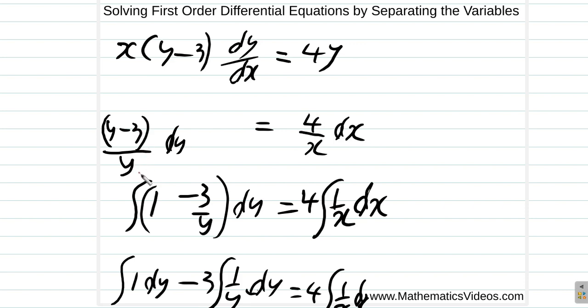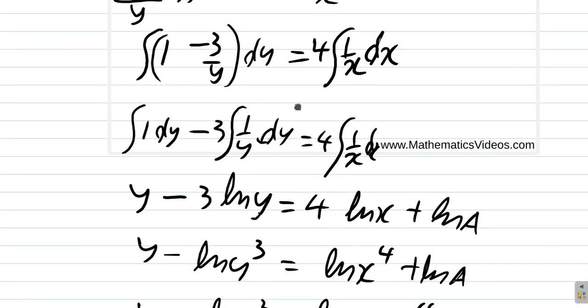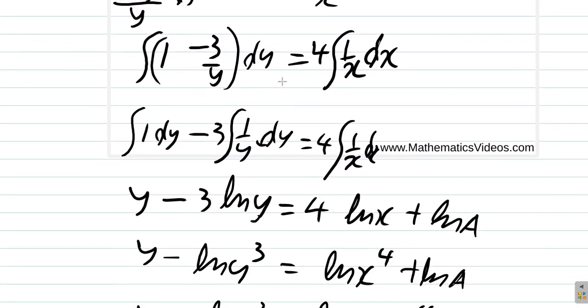So we have y minus 3 over y dy equal 4 over x dx. And then this is fractions, so y over y is 1 minus 3 over y dy equals 4 times 1 over x dx. You didn't necessarily have to put the 4 outside the integral sign, but it's a bit easier to deal with when you remove those extra numbers from the function you're going to integrate.